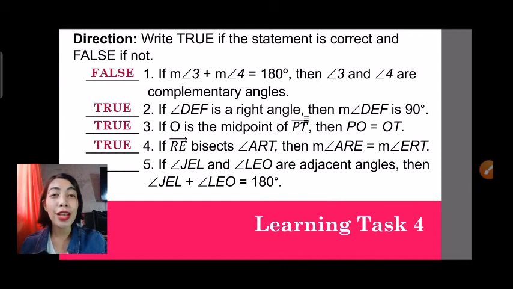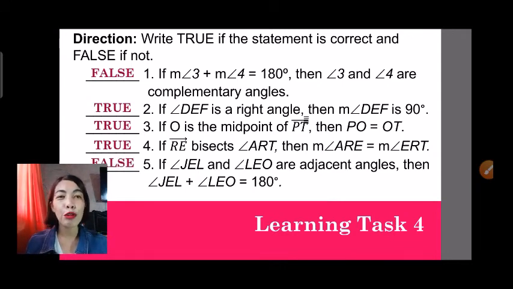Okay, your answer must be false. Okay, kasi wala naman, ang sinabi lang adjacent angles. So, pag adjacent angles, we are not particular to their measures. Okay? I hope you got it all correctly.